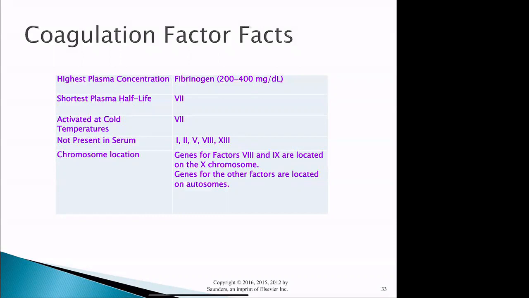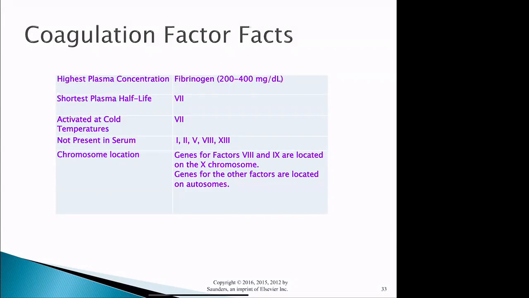Factors that can get activated at cold temperature, factor 7, it's another one, okay? So basically what it means is that if I collect a Coag sample, okay, and I am testing for factor 7, okay, I cannot put this sample in the refrigerator because cold temperatures are going to activate my factor. If my factor gets activated, that means it's going to start working, right?